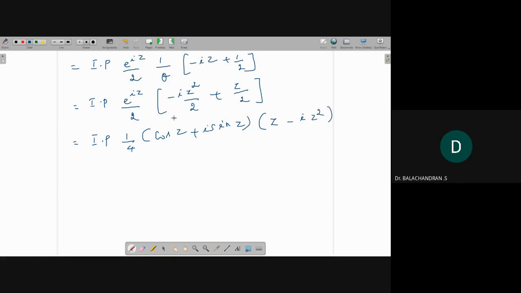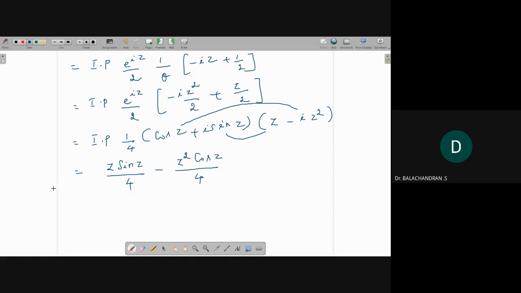I need the imaginary part, so real into imaginary, imaginary into real. So z sin z by 4 minus z² cos z by 4.